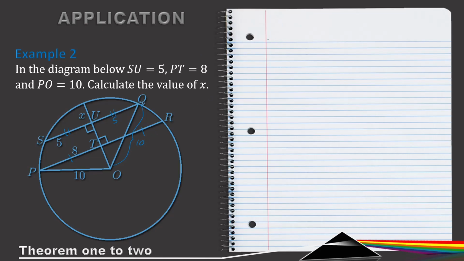So we've got that OQ is equal to 10, and our reason is radii. Okay, we also know that UQ is 5, and our reason is the first theorem, which states line from center is perpendicular to chord.